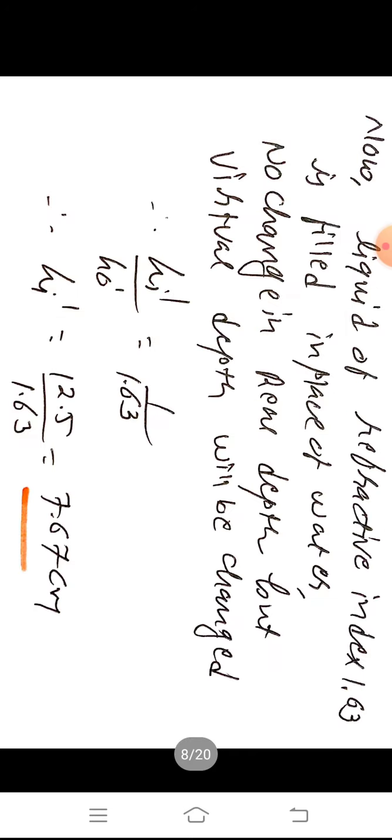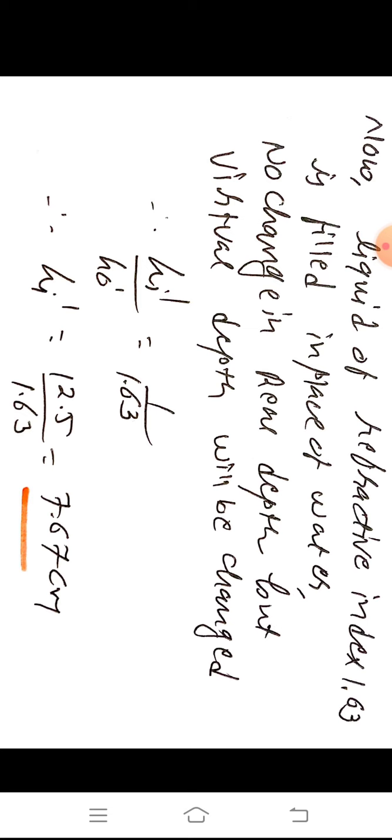Now in the second part, whenever a liquid of refractive index 1.63 is filled in place of water, then there is no change in real depth, मतलब real depth होगी 12.5 centimeter, but virtual depth will be changed.